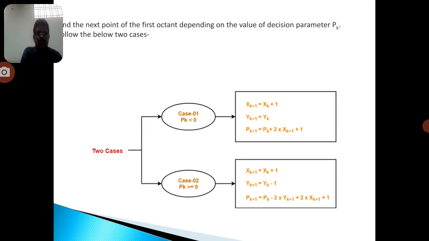Now we are going to identify the two cases here. The midpoint algorithm derives two cases based on the decision parameter value. In case 1, the pk value is less than or equal to 0. If pk is less than or equal to 0, then xk plus 1 equals xk plus 1, yk plus 1 equals yk, and pk plus 1 equals pk plus 2 into xk plus 1 plus 1.